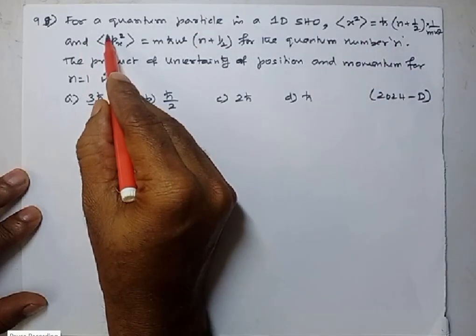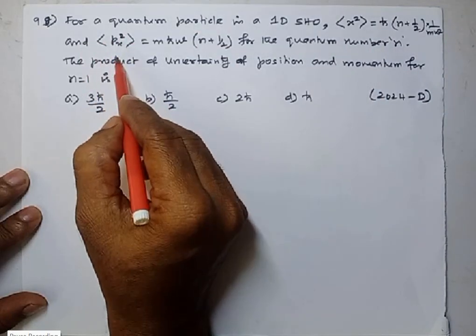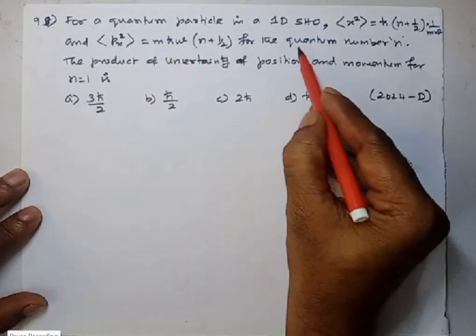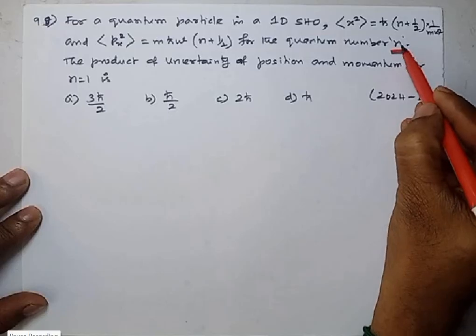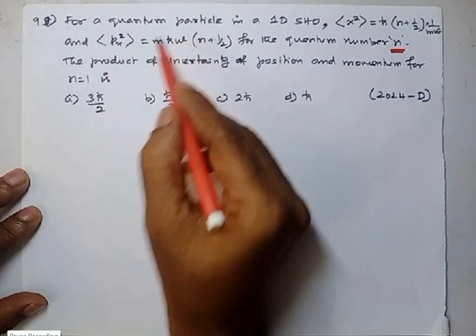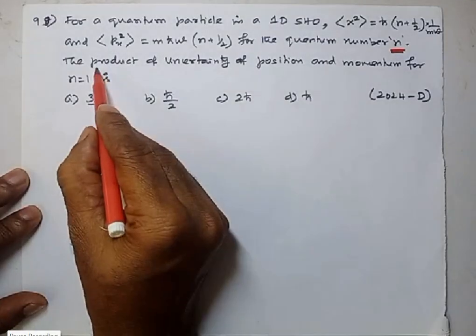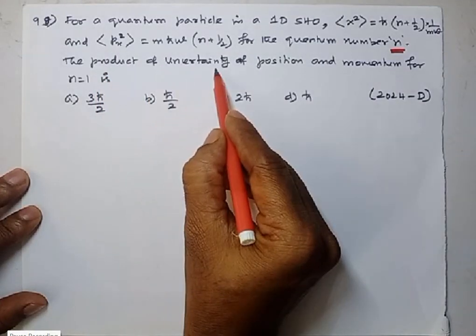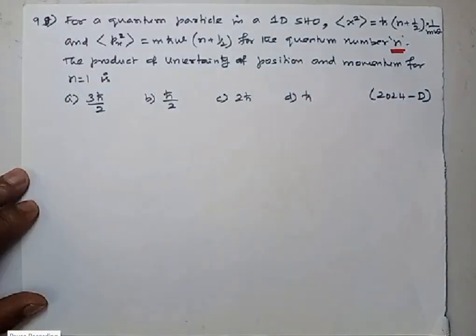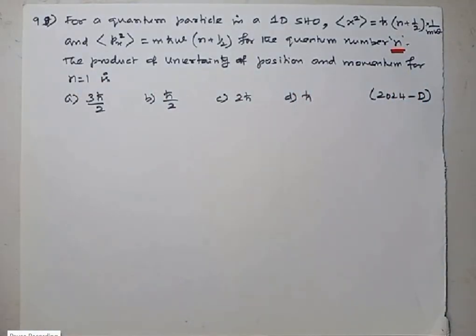And the average value of px square is m h cross omega into n plus half for the quantum number n. This is the average value of x square and this is the average value of px square. The question asked here is the product of uncertainty of position and momentum for n equal to 1, and 4 options are given.